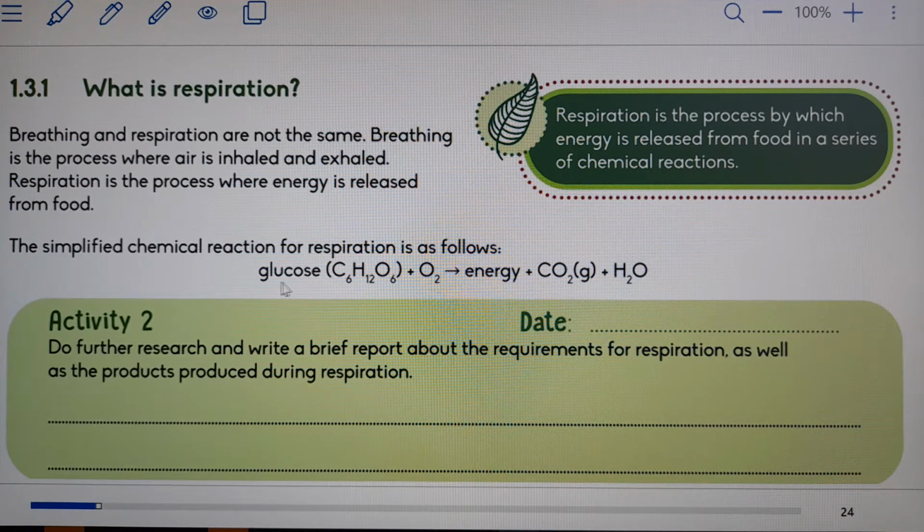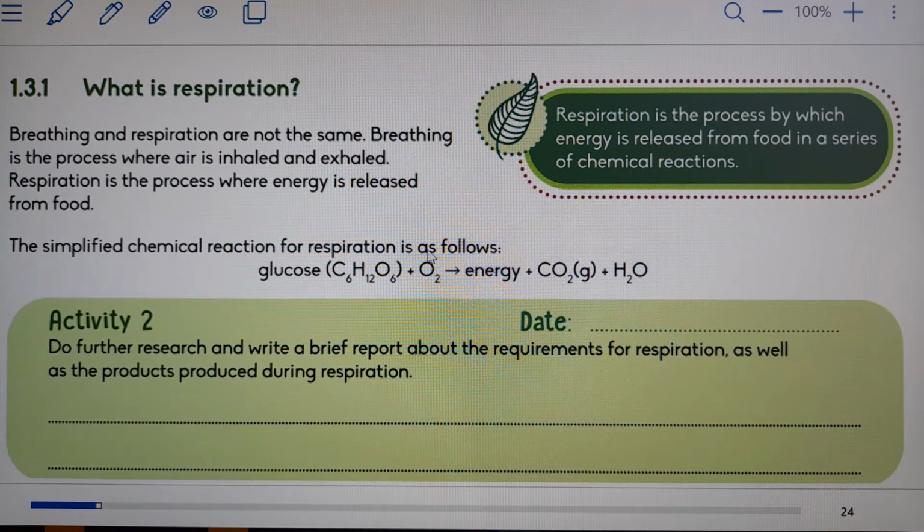You remember this. When we looked at photosynthesis, this was the other way around, because in photosynthesis we needed carbon dioxide, we needed water, we needed light energy through chlorophyll, remember, and we produced glucose and oxygen. In this case, with respiration, it's the reverse.